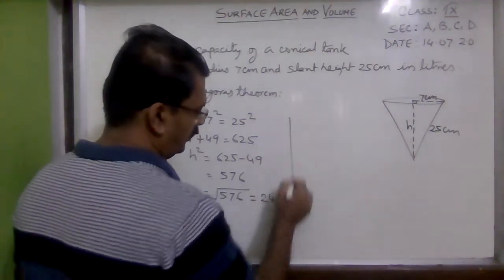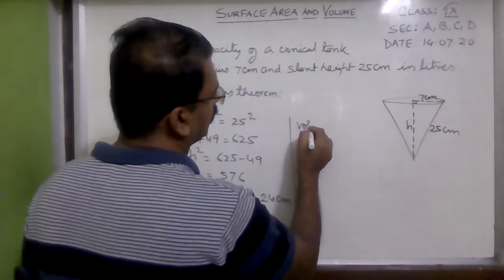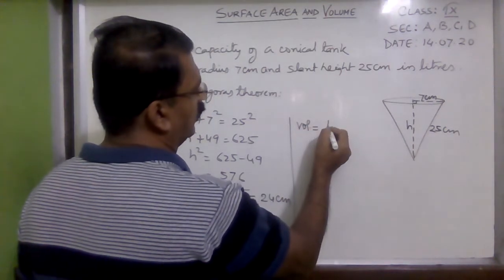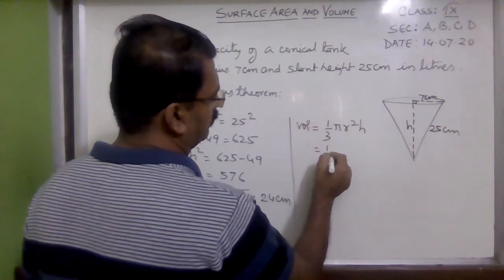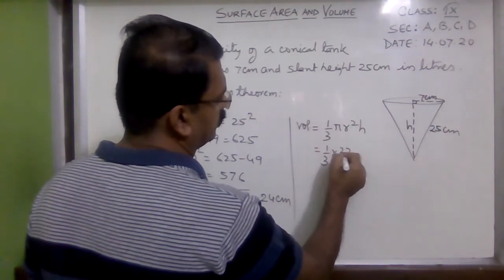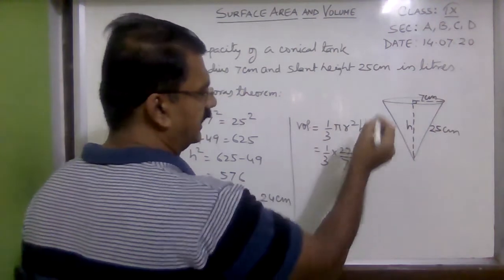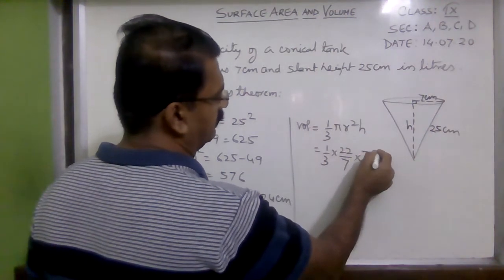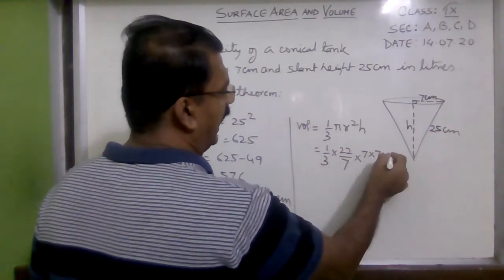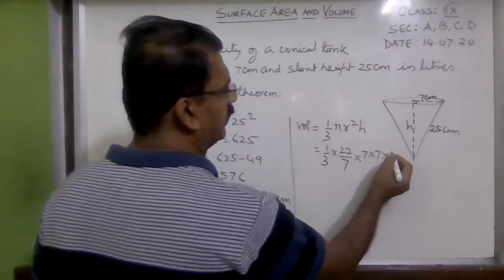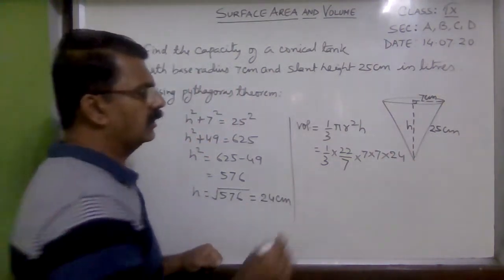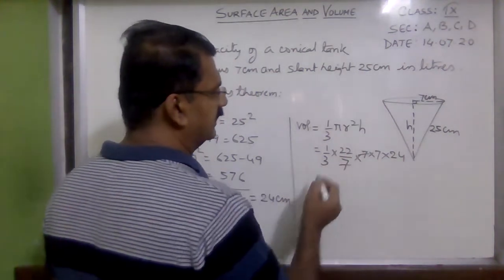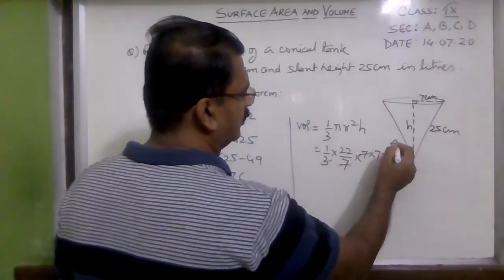Now volume. As I told you, the formula for volume is 1 upon 3 pi r square h. That is 1 upon 3. Pi is 22 by 7. The radius is 7, so 7 into 7 because r square is there. And h we have calculated 24. Now first of all, this 7 is cancelled and 3 8s are 24.